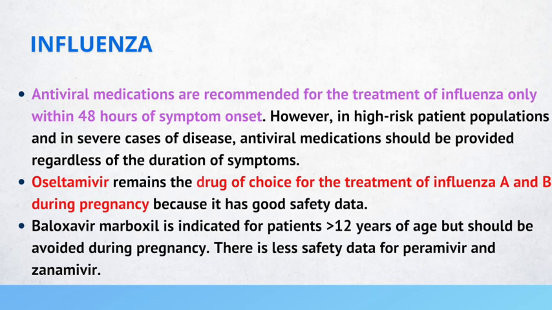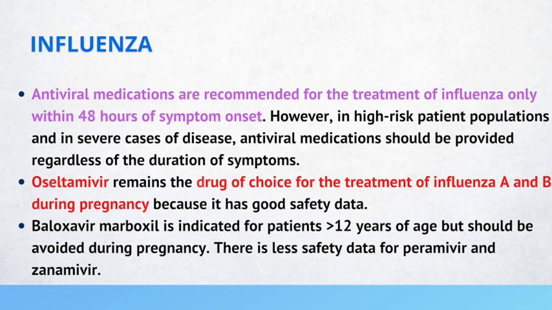The drug of choice for the treatment of influenza A and B during pregnancy is oseltamivir. However, other medications such as baloxavir are not recommended during pregnancy, but they can be used in patients older than 12 years of age.